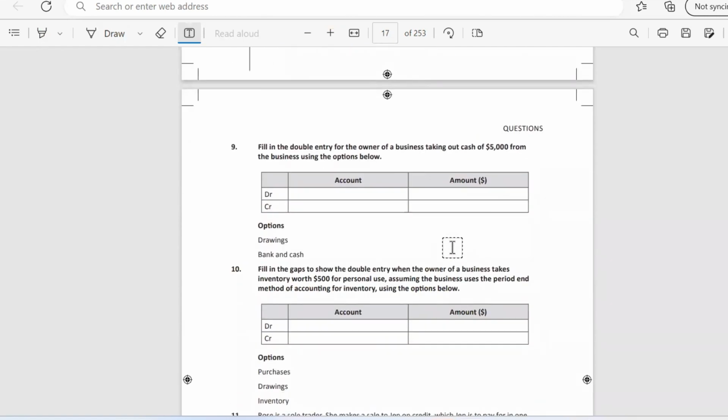Well, next question, fill in the double entry for the owner of the business taking out cash of 5,000 from the business using the options below. So it would be debit drawings and credit bank and cash.